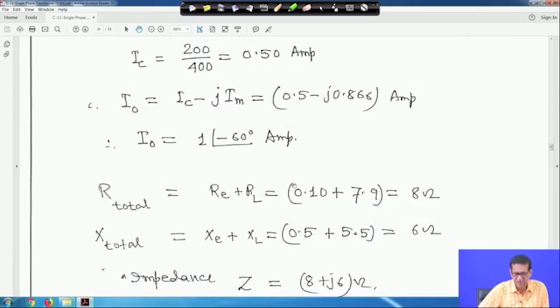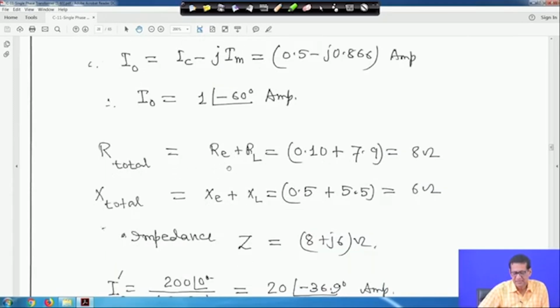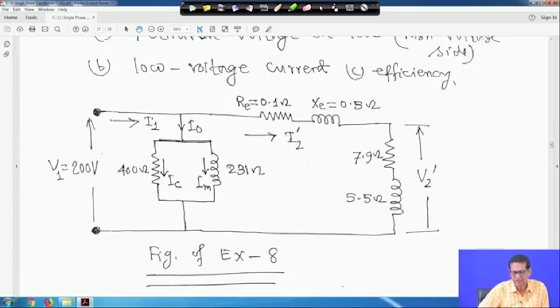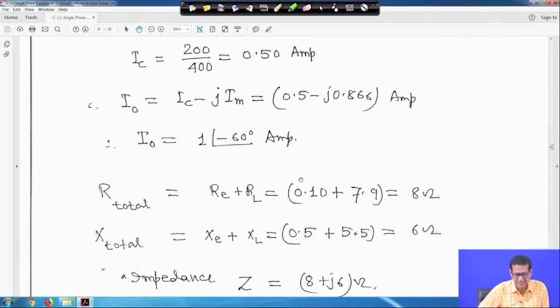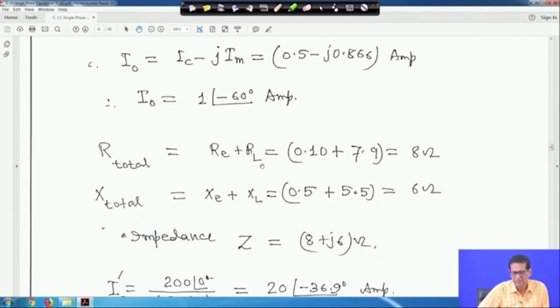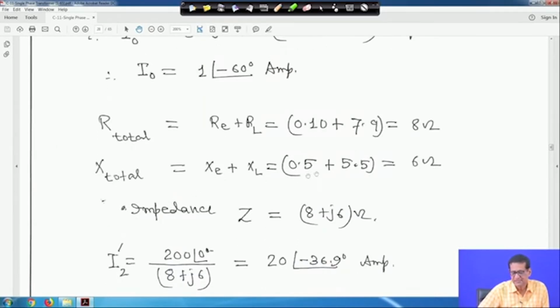Now for the total load, the RE is given as 0.1 and XC is equal to 0.5 ohm, where RL dash is 7.9 and XL dash is 5.5 ohm. From the primary side, R total will be RE plus RL, so 0.1 plus 7.9, which is 8 ohm, and X total will be XC plus XL, just series addition, so it will be 6 ohm.